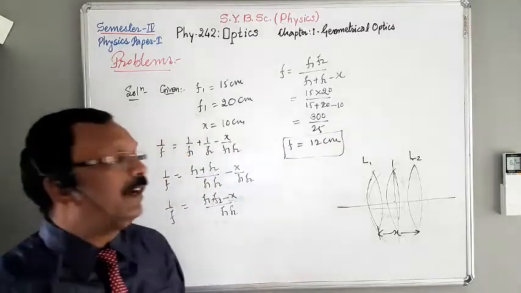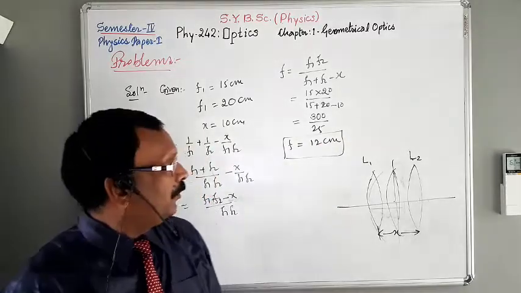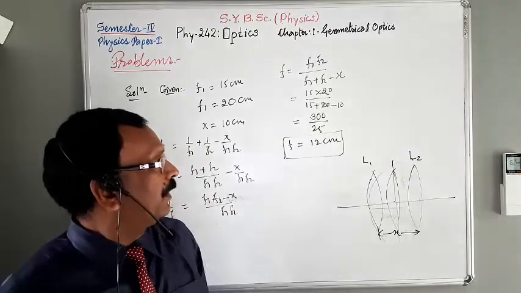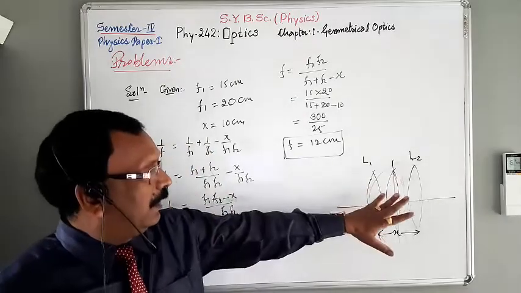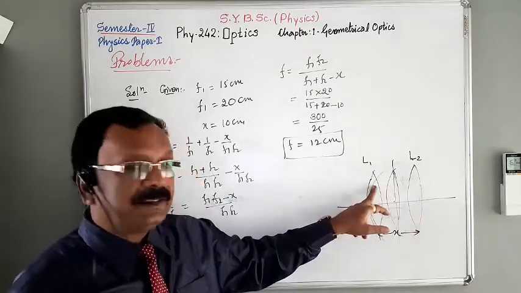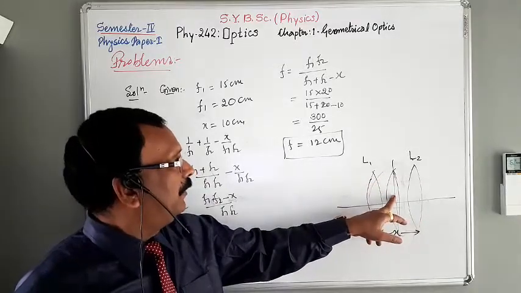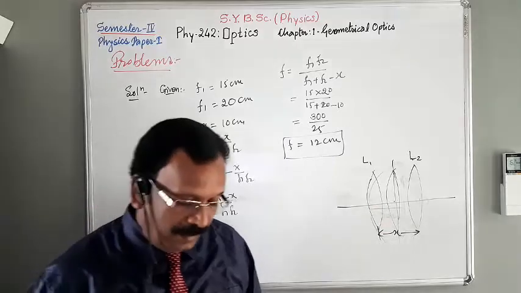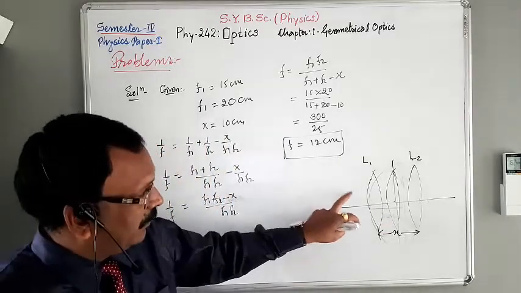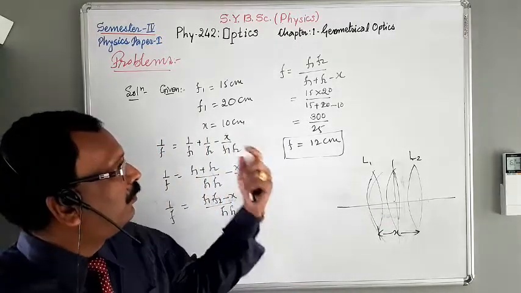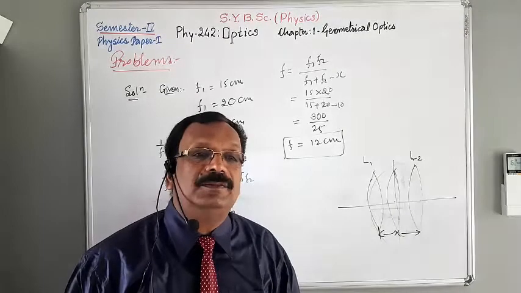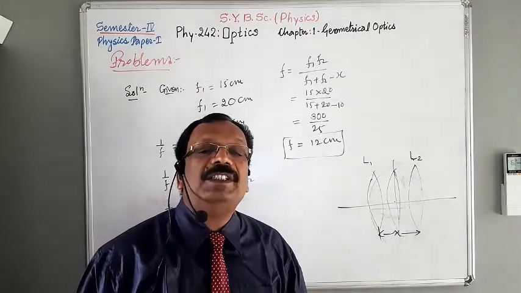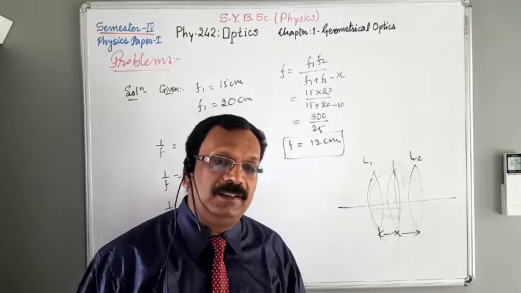f is the equivalent focal length of the given complex system, or here we can replace these two lenses by a single lens having focal length 12 centimeter. Okay. Now not only do we have to calculate the focal length, but sometimes the positions of the principal points may be asked.